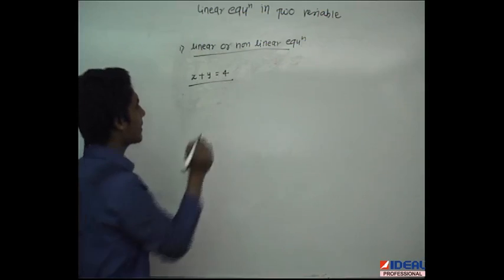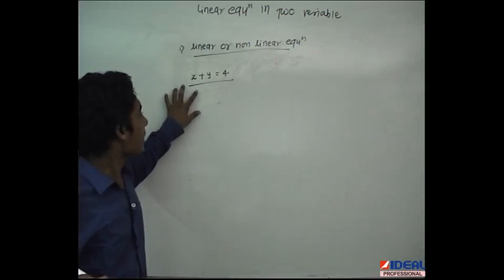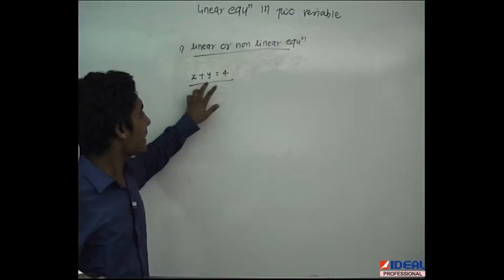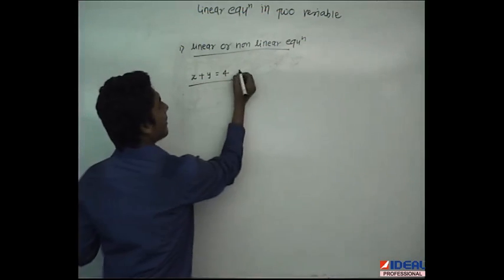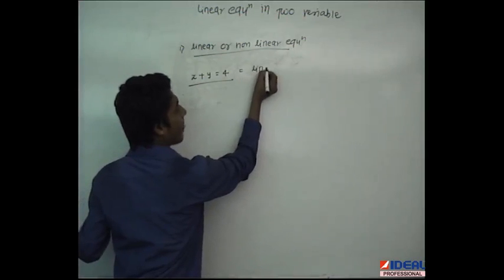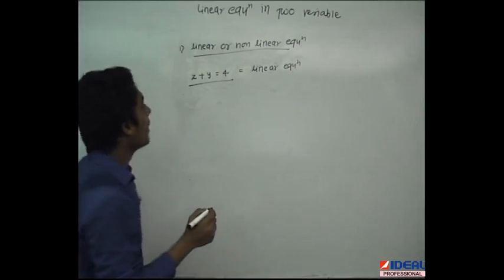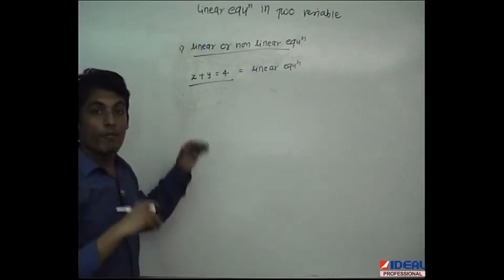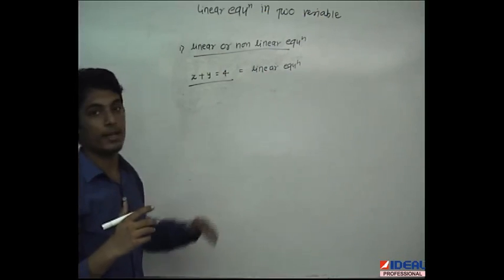This is one equation in two variables. In this equation, the variables x and y are both of power 1. So it is a linear equation. Any equation with variables of power 1 we can call a linear equation.